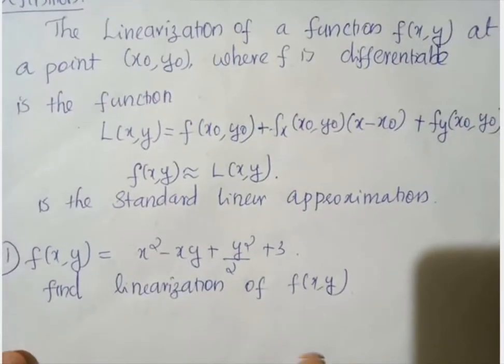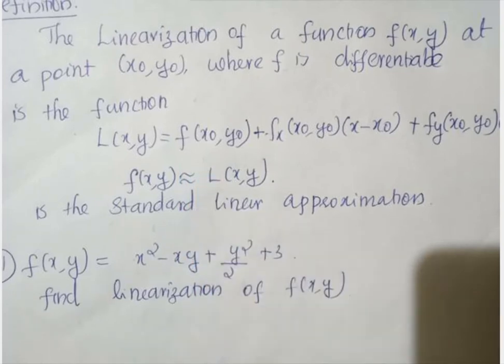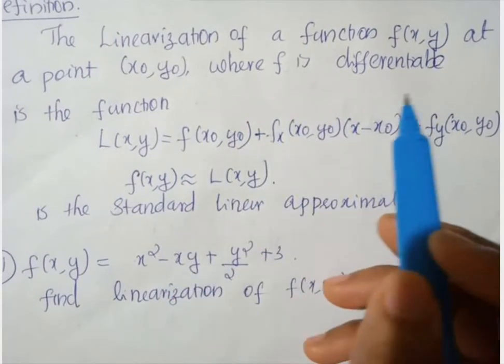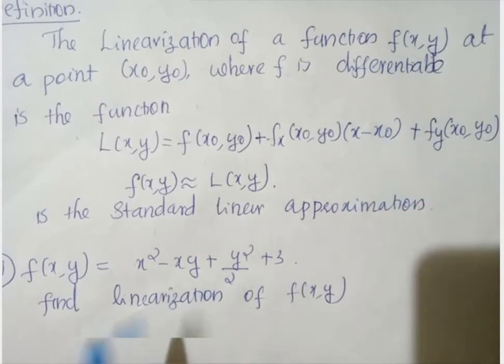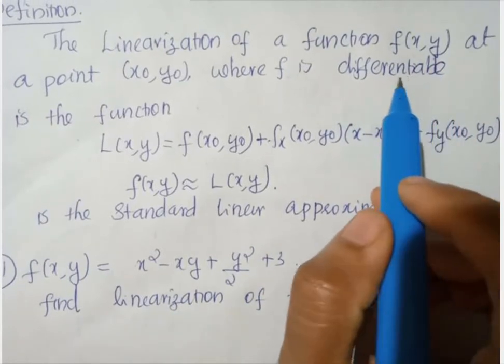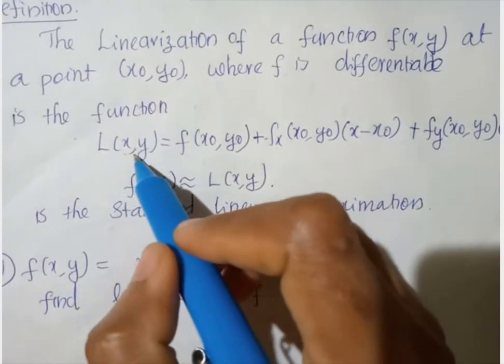So what was the definition of this linearization? Linearization or linear approximation of a function f of x, y. We are approximating this function with another function L of x, y.